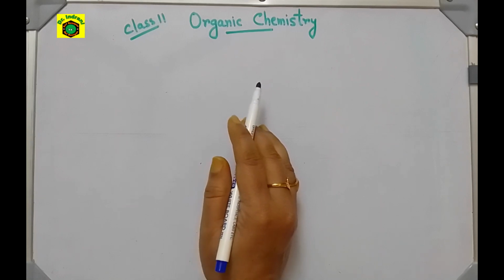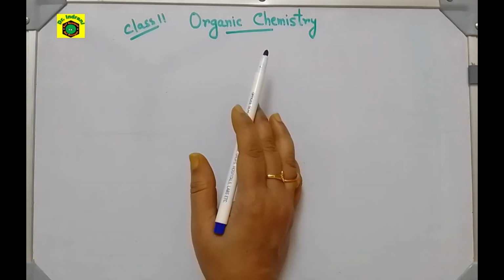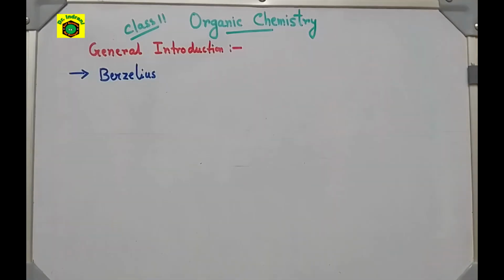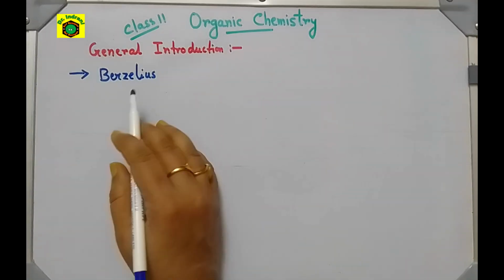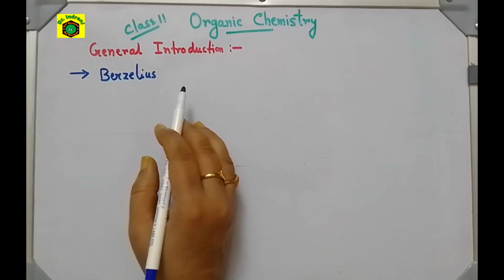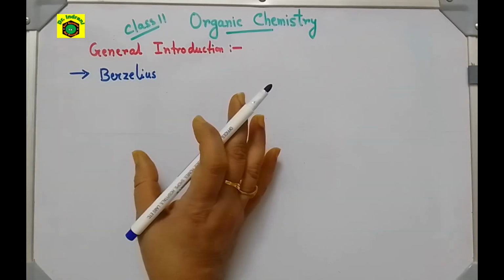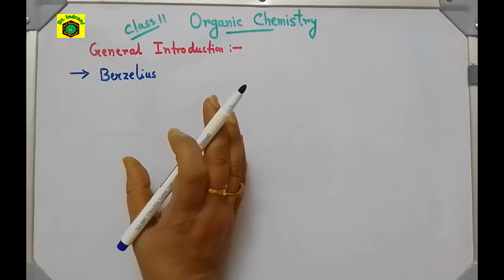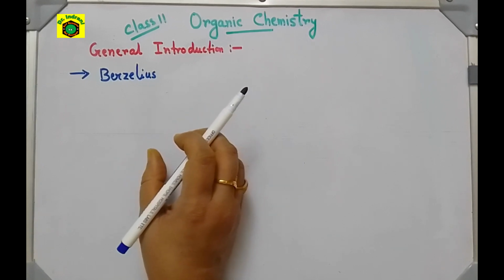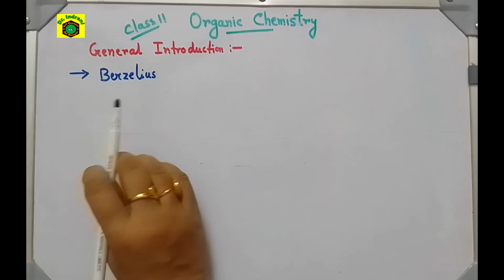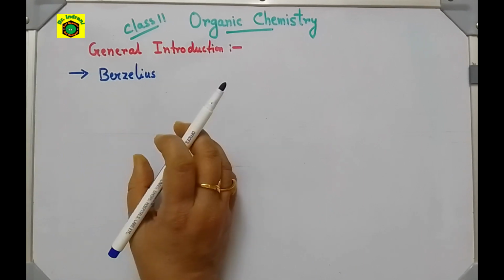Today I am going to start class 11 organic chemistry. Berzelius, a Swedish chemist, proposed that organic compounds can't be prepared in the laboratory because some mysterious force is responsible for their formation.